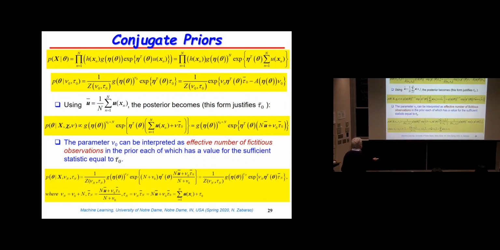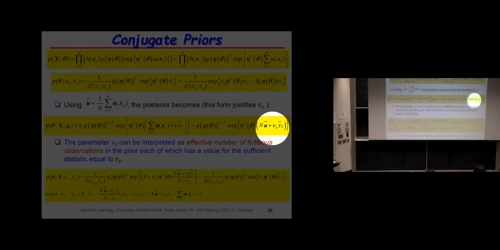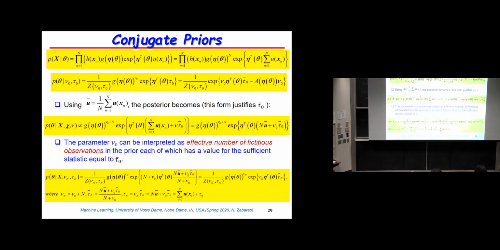That's why in this exponential family of distributions you can put a physical meaning to the coefficients that you have in the prior. Not that you need it, but there's no other distribution where you can do it. Here you can do it because you can see the analog of capital N with nu 0 and u bar with tau 0 bar. Okay?